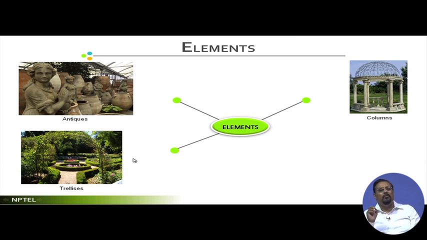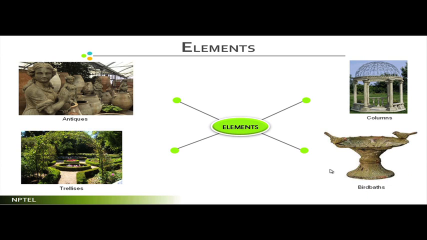This is a very common element when we want to create an archway or an entry of a residence, and you want to put some kind of highly fragrant or nicely, intricately flowering creepers. This becomes a very interesting element, and we have got it from French landscape styles.